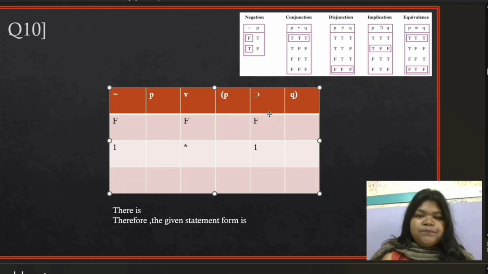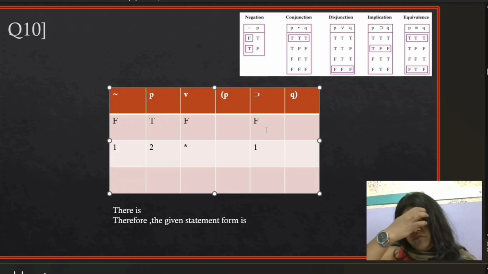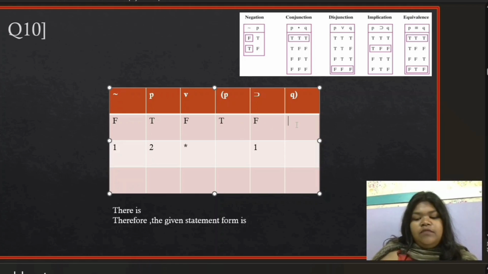Now here label this true. Second step. This side, if you see horseshoe, again you can apply the rule TFF rule. T, F, F. This is your third step.